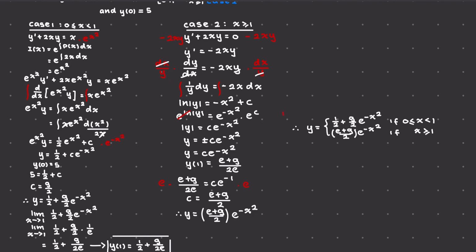So this is our final solution for example number 2 for piecewise forcing functions on differential equations.